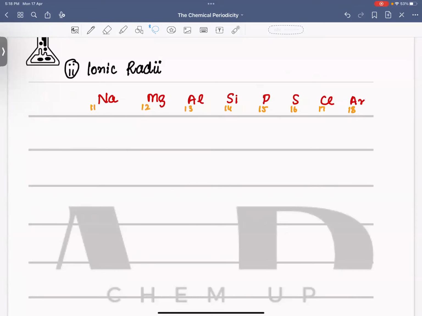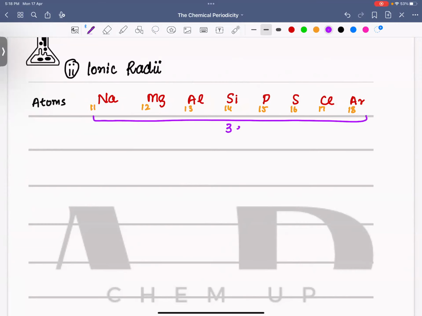If I talk about all these, all are atoms, right? And if these all are atoms, it means all of them have 3 electron shells, because they all belong to period number 3. Is this clear?